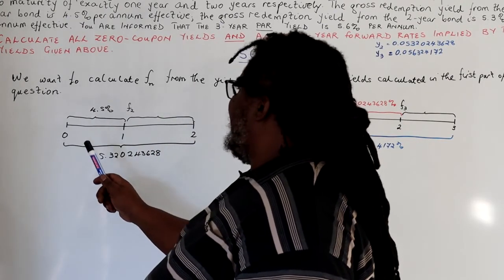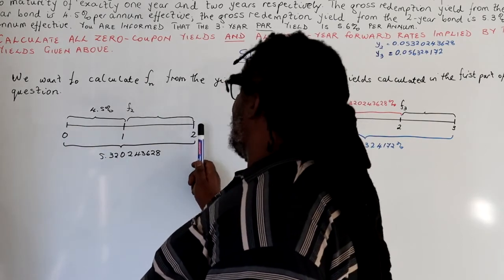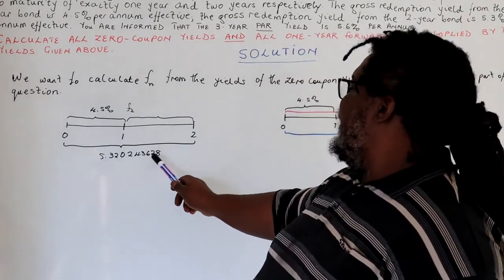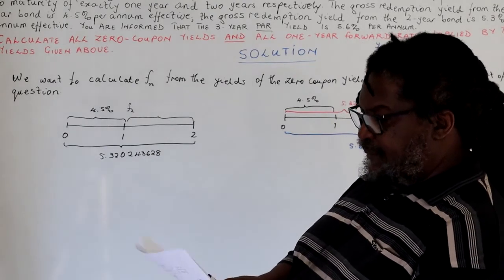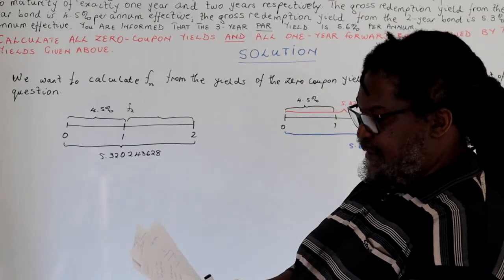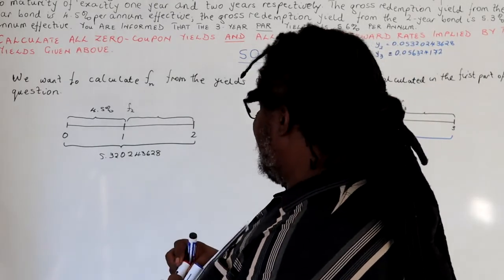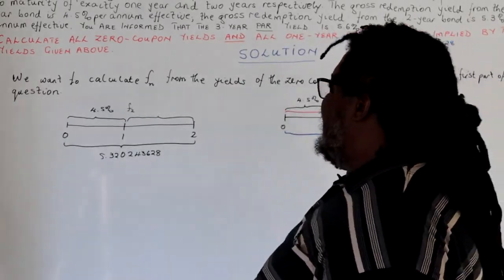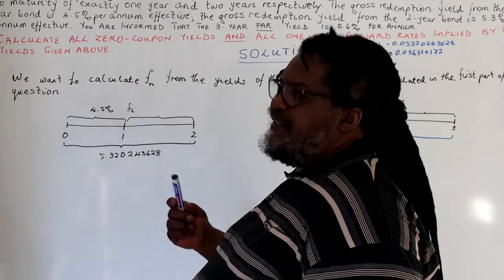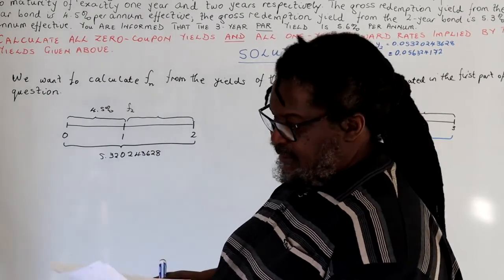Or you can just say, we are starting with this investment from here, and at this point we apply the 2-year period spot rate. So what this means is we have 2 strategies, and using those 2 strategies, our return should be the same. If our return differs, then there will be an arbitrage opportunity.